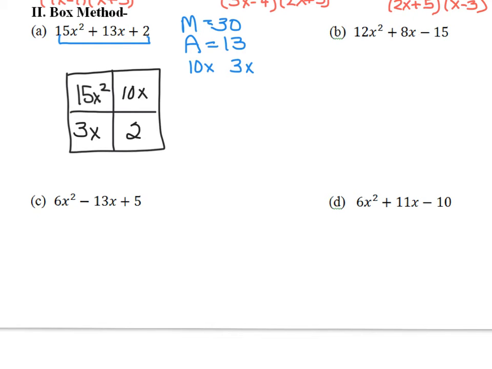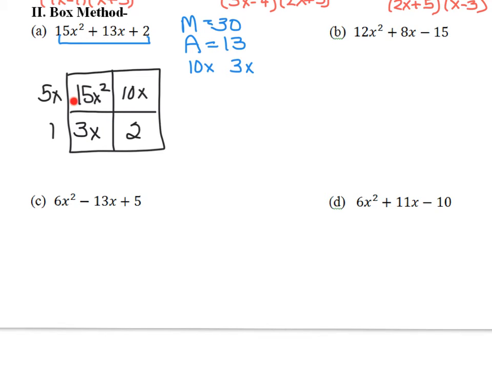I'm looking then for each row and each column, and I'm going to write down the GCF for each. So in the first row, I see that I can take a 5x out of both. So that's the GCF. In the second row, there's nothing common to both, so the biggest thing that's common to both would just be a 1.